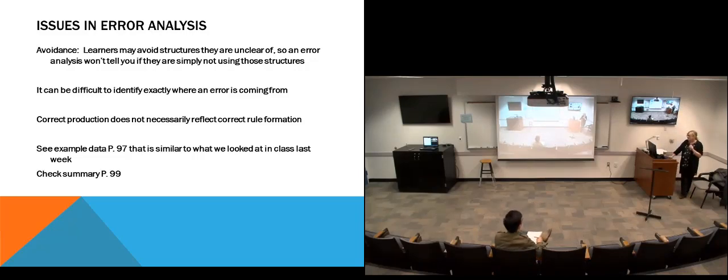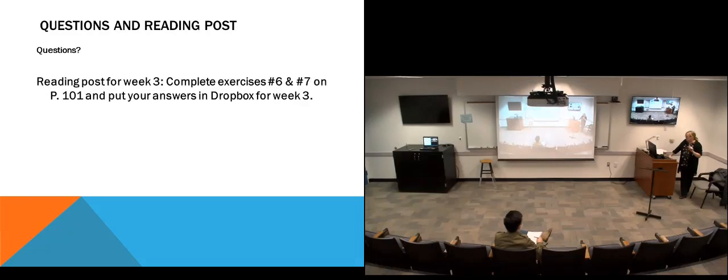Okay, so the last slide in the PowerPoint, oh, you guys can't see it either now. Oops, my bad. Okay, is your reading post for week 3. Those of you that are in class now, you can just see that on the last slide. You've already uploaded the PowerPoint into your computer. So the reading post for week 3 this week is actually a reading post, not a discussion post, meaning you do it independently and you drop it in the Dropbox.